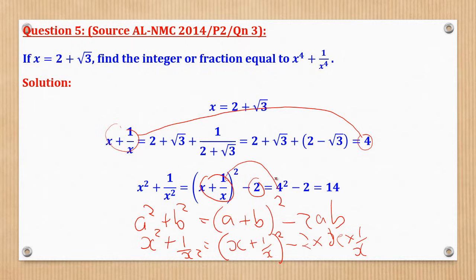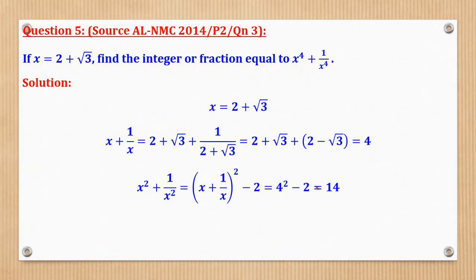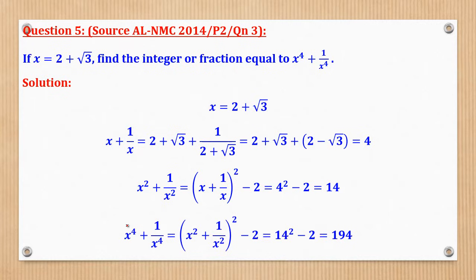Meaning I'll come up with 4 squared minus 2 to give me 14. Okay. When I know that, I'll remember that this one can be written as, because in this case it means x squared plus 1 over x squared, like that.